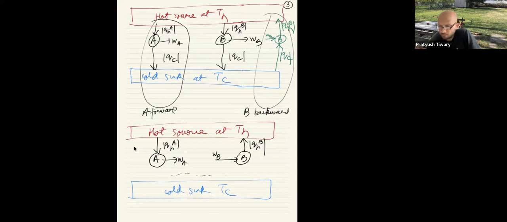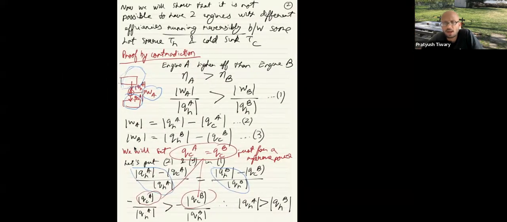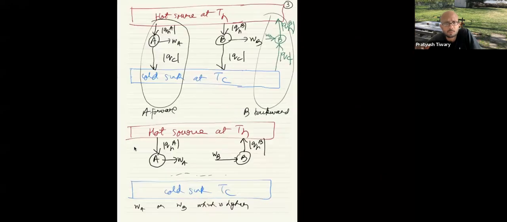What is the net effect of this? First of all, we need to remember which one is higher, WA or WB, which is higher. Which engine had higher efficiency, A or B? We started by saying eta A more than eta B, right? That's how our proof started. Therefore, WA must be higher than WB.